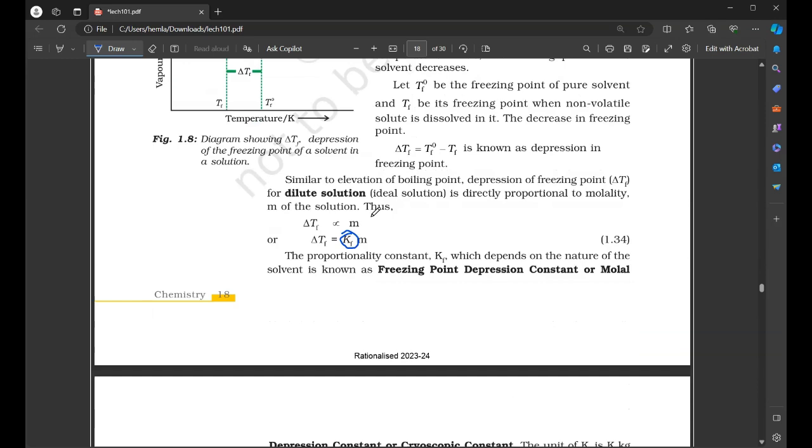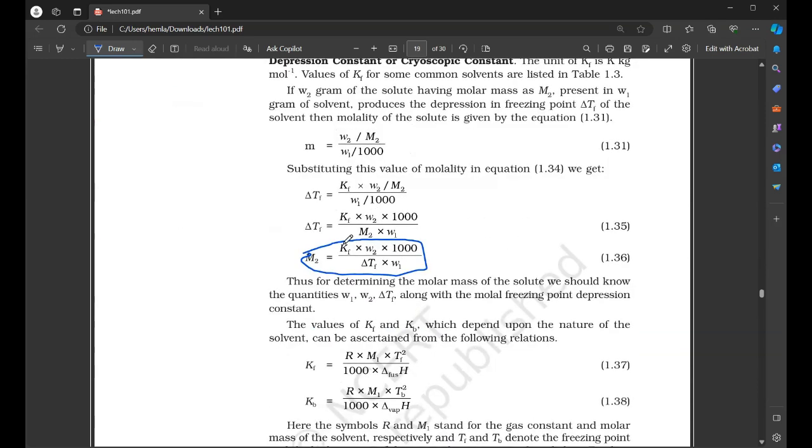It's the same thing. Of course, it's not the same conceptually, but the formula is similar. This is for determining the molar mass of the solute. We know the quantities W1, W2, and delta Tf along with the molal freezing point depression constant.